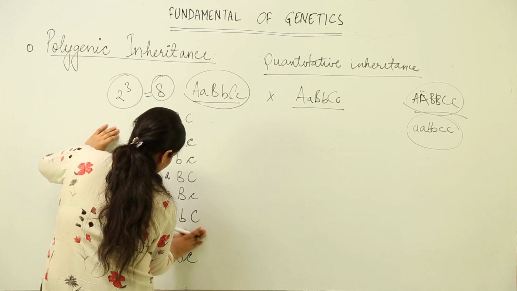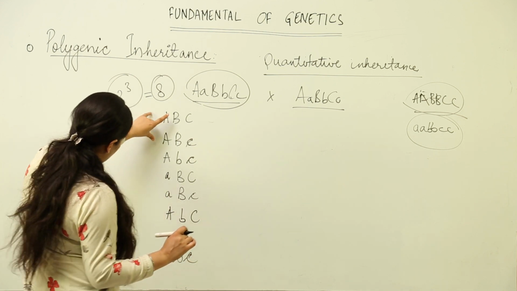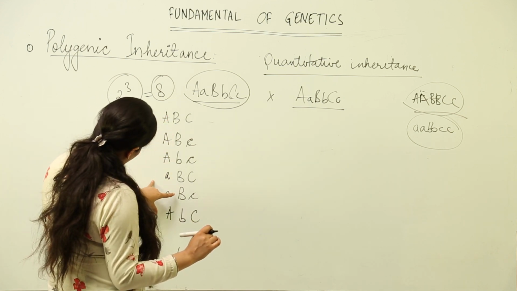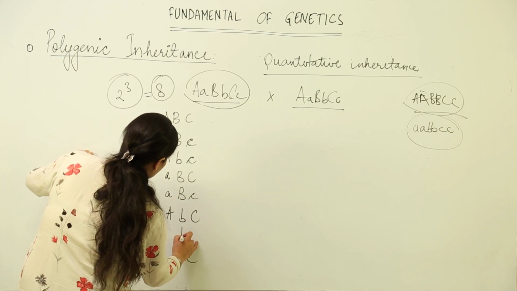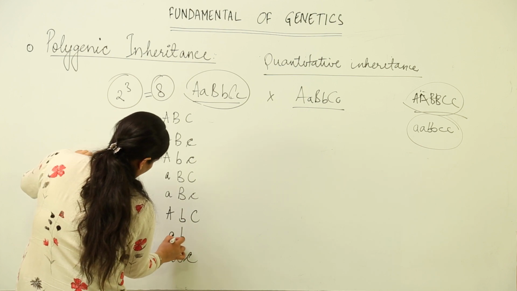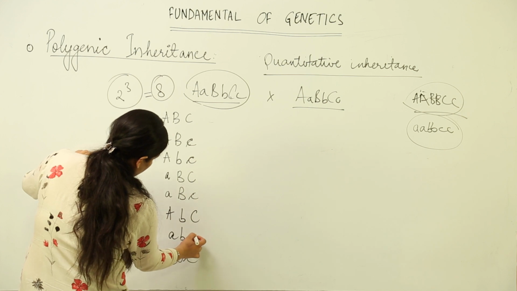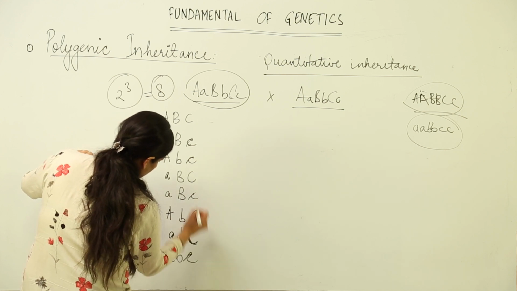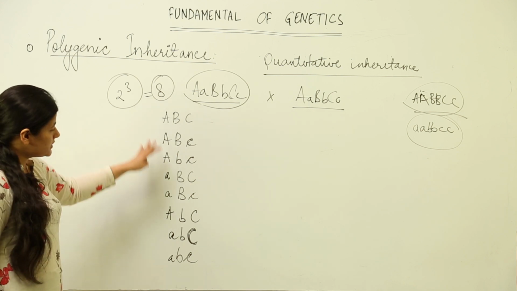No, we have already had it. We are going to have one more. Let me check out. Capital B, capital B, capital B. One more small b. 3 of one more small b has to be here. We need to have one more small a, and how many capital C's are there? So we need to have this capital C. So these are the 8 gametes that would be formed.